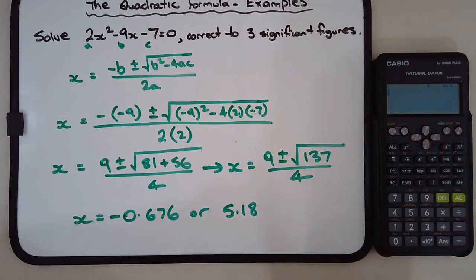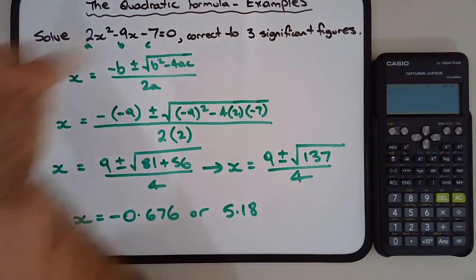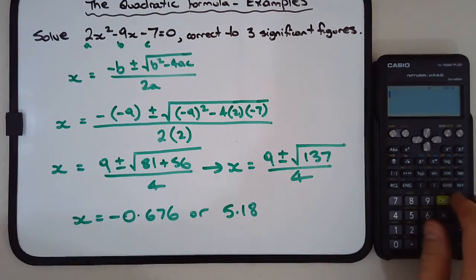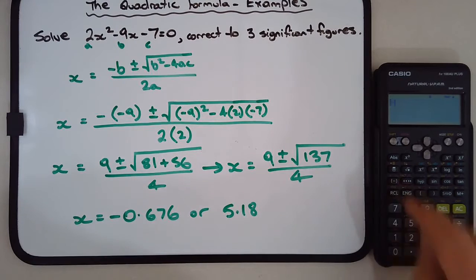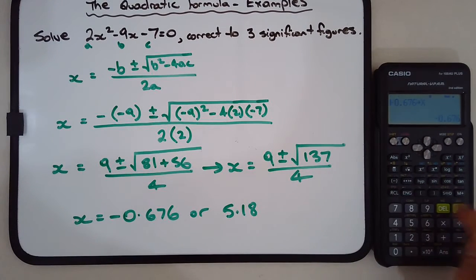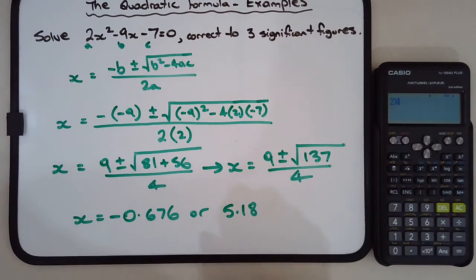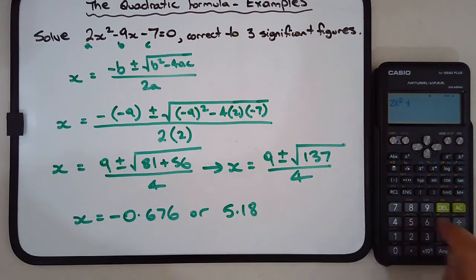Now, just to make sure that you've got the right answer, or at least you're close, if we substitute these values, negative 0.676 or 5.18, into the left-hand side of the original equation, we should get a number pretty close to 0. Negative 0.676, shift store x. Type out the expression in the calculator: 2x squared minus 9x minus 7.